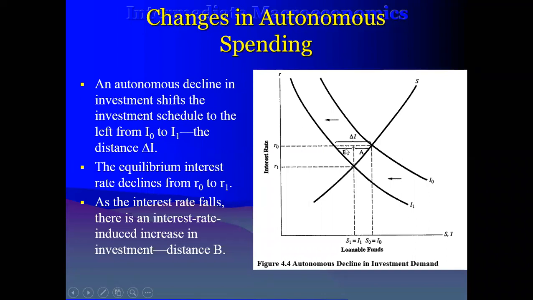Because interest rate has fallen, this is a small increase in investment, which means that now the only reduction in aggregate demand is the portion A. The latter increase in investment, B, has taken this part away.